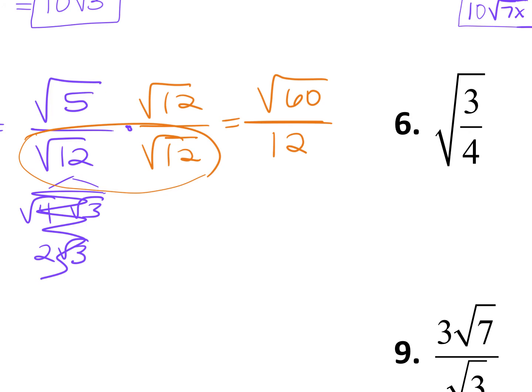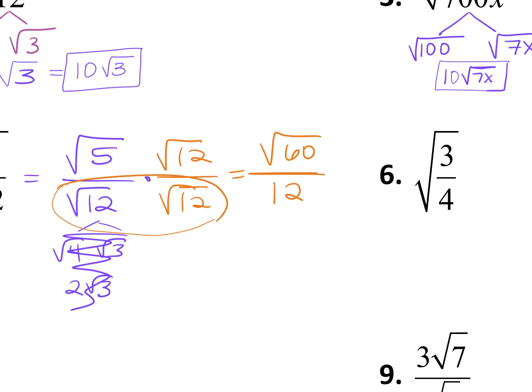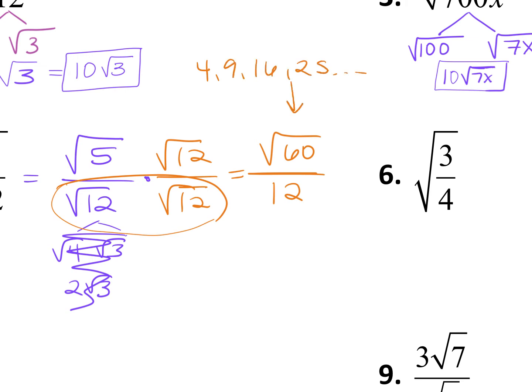That can be broken down. Anyone know the perfect square that goes into 60? 60 is divisible by which of those numbers? Calculators are super helpful in this section, by the way. 16. Not 16. It is divisible by 30, but 30 and 2, neither one of them is a perfect square.